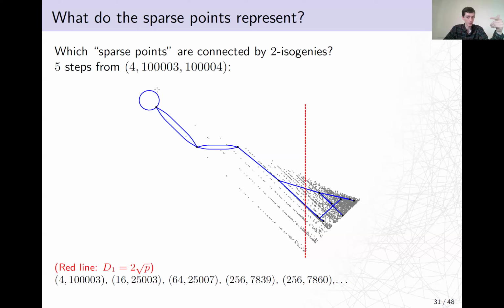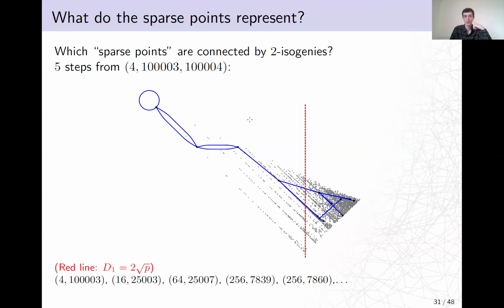So what we'll observe is that each step I take multiplies d1 by 4. What's going on here is that starting with Z adjoin i, I get to a copy of Z adjoin 2i, Z adjoin 4i, Z adjoin 8i, at each step, Z adjoin 16i, my bad. So at each step, I'm changing the embedded order, but I'm not changing the quadratic subfield generated by each of these orders.